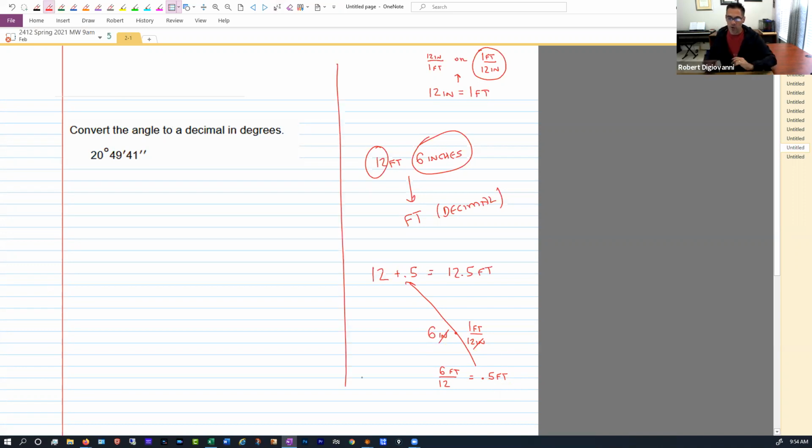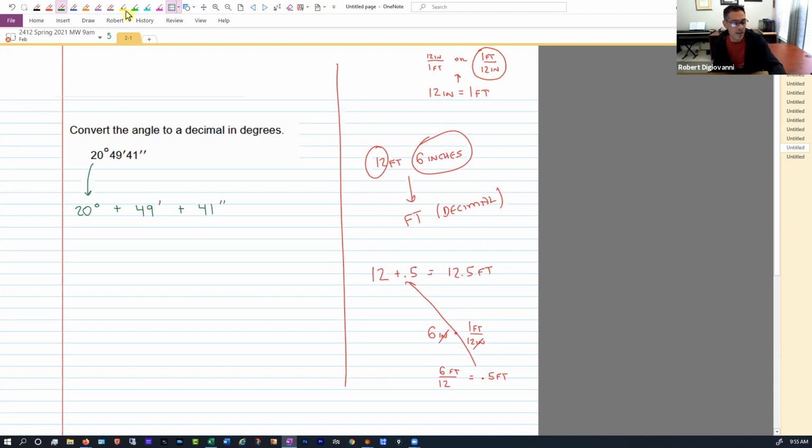That was just real quick how we would do something like this with feet and inches, but I'm going to do it here for degrees, minutes and seconds. If you didn't understand that, don't worry, let's just go through this. I want this written in degrees as a decimal. First thing we're going to note is we have 20 degrees plus, this is what this really means, 49 minutes plus 41 seconds.